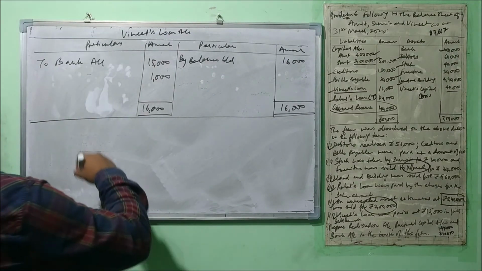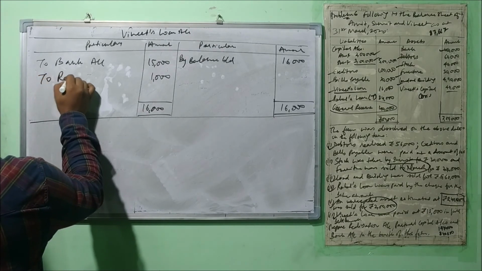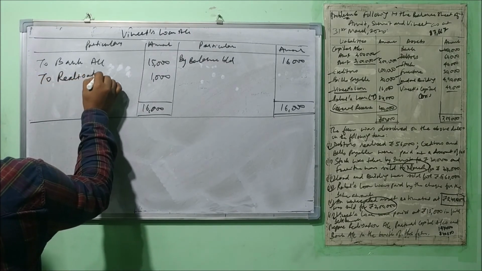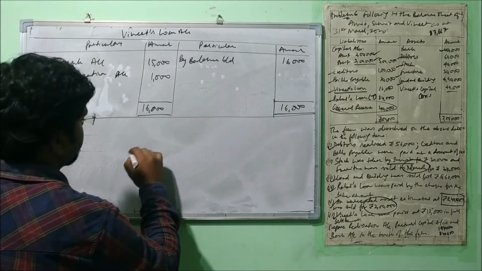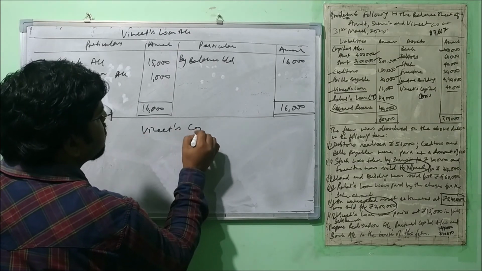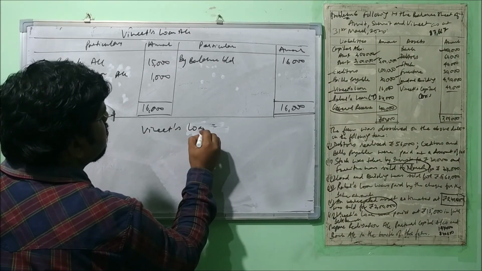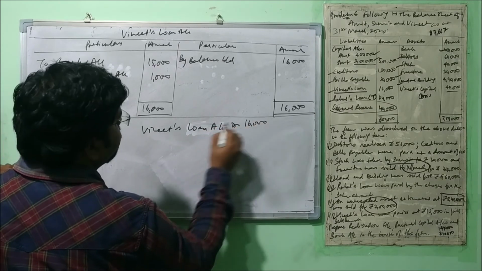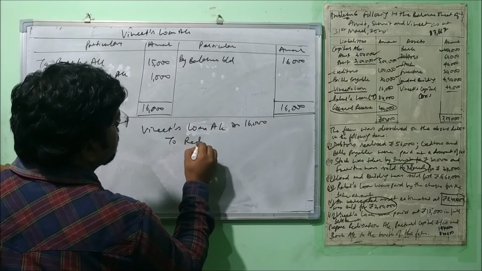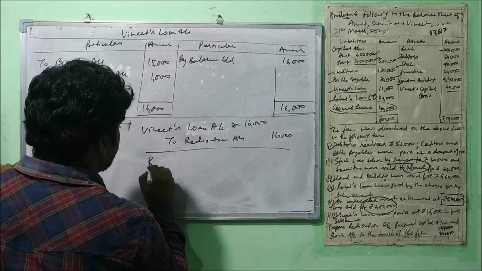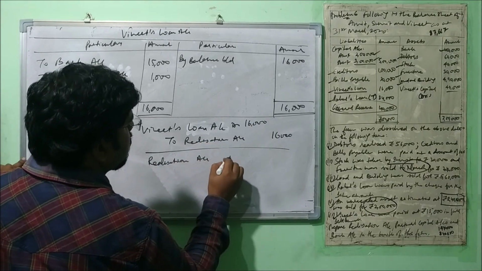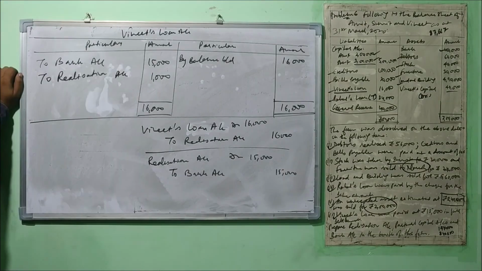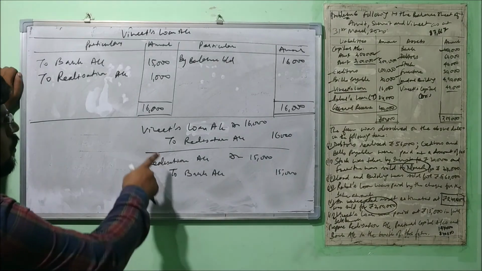If you check the entry, it will be mentioned here, realization account. Fine, two entries we made. One, loan account debit 16,000 to realization account, and another, realization account debit. Understood the point? So that is why we transferred it.